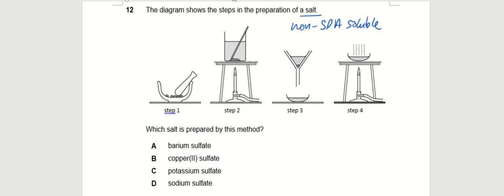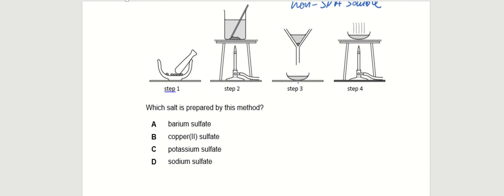So which of these are non-NaKA soluble? We know that for barium sulfate, all sulfates are soluble except calcium, lead, and barium. So we know that this is an insoluble salt. So A is out. Copper 2 sulfate is a soluble material, and since it is not sodium, potassium, or ammonium, we know that it is a non-NaKA soluble salt.